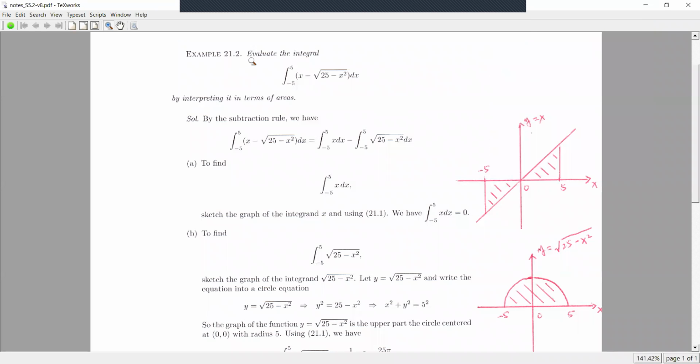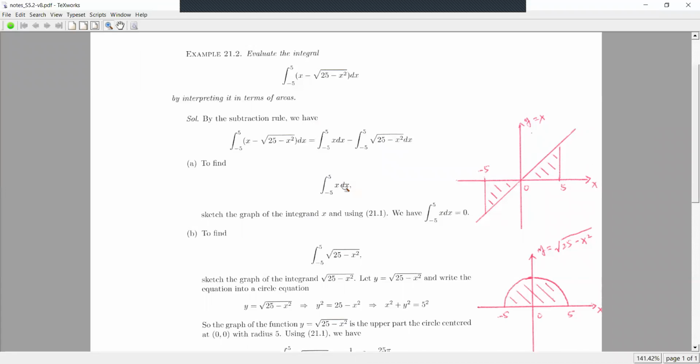Example 2. Evaluate this integral by interpreting it in terms of areas. By the subtraction rule, we can write this integral as a difference of two integrals. Now we have these two integrals to compute. To find the first integral, plot the graph of the function x.